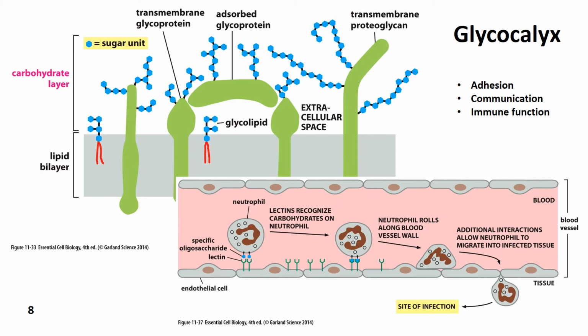When an infection is nearby, those specialized epithelial cells begin to express or display a protein receptor for a neutrophil carbohydrate. A few terms. The specialized epithelial cells that line blood vessels are known as endothelial cells, and the proteins that interact with carbohydrates, the protein receptors, are referred to as lectins.